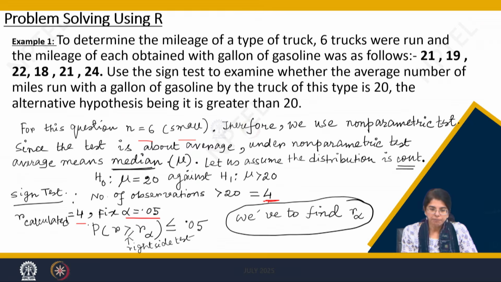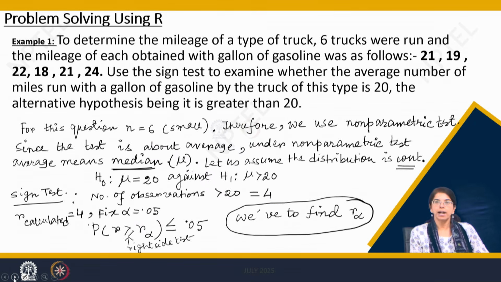Now, fix alpha equal to 0.05. You have to find out the p value for r greater than or equal to 4, or you can make the test the other way round. That means, what will be the possible value of r alpha such that probability r greater than or equal to r alpha is less than or equal to 0.05.